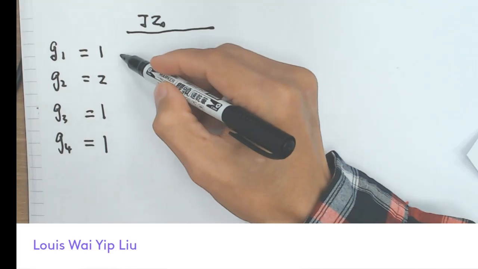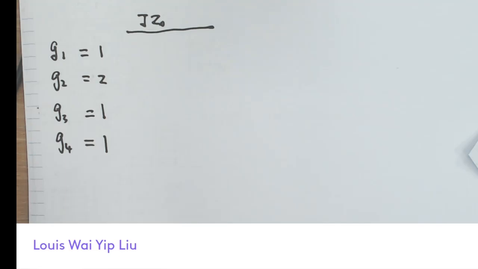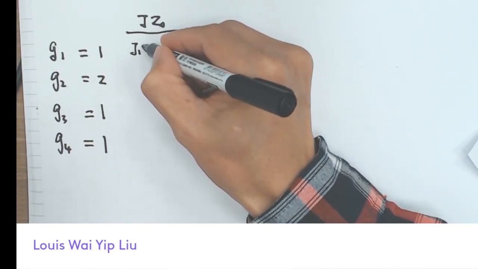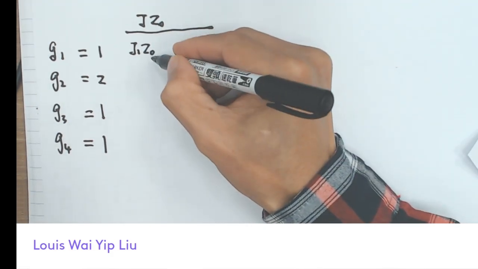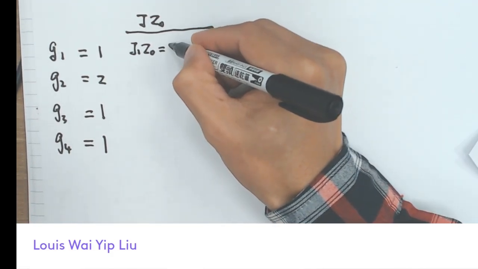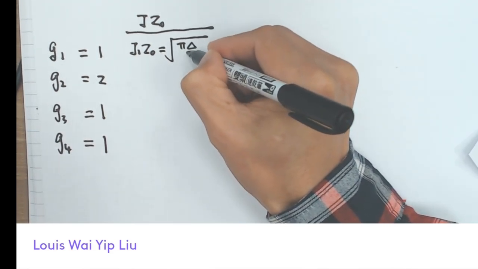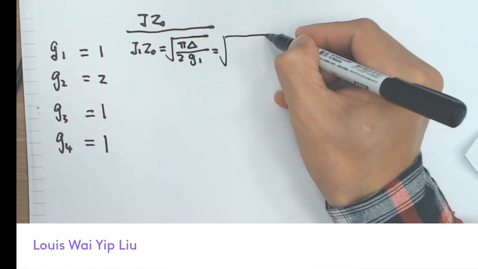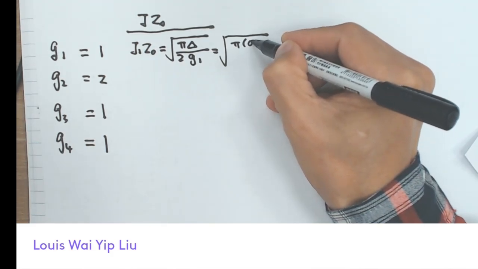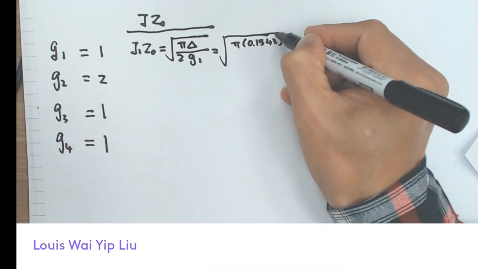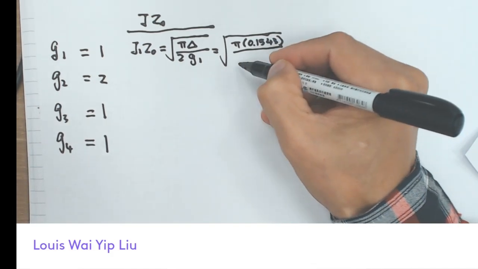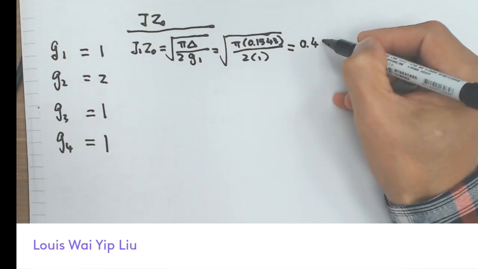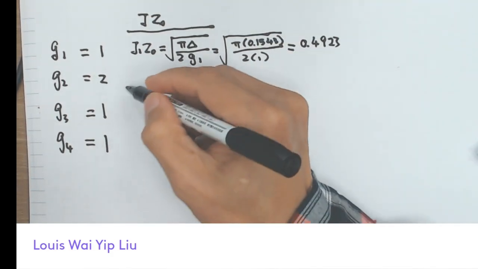The formula for the first one is... if you work it out carefully, with 15%, then we'll get 0.4923.